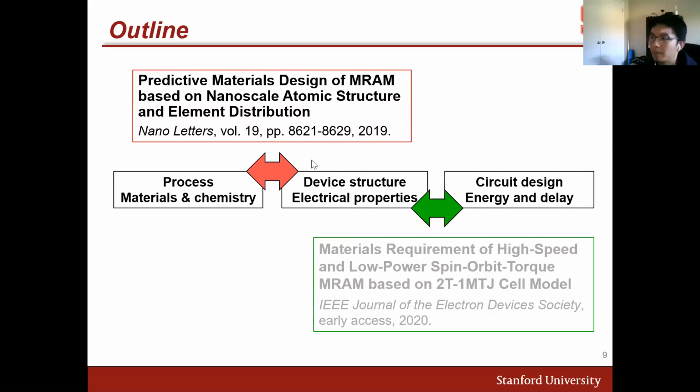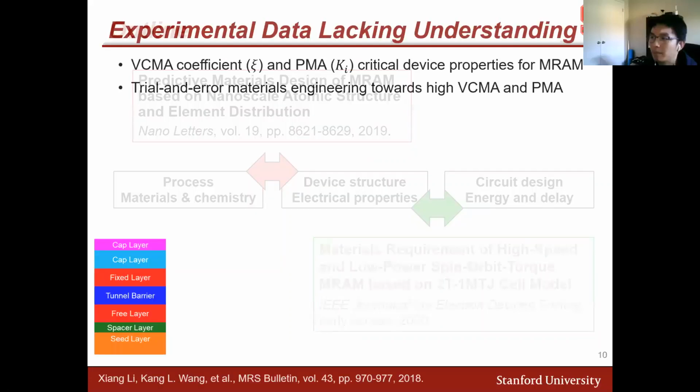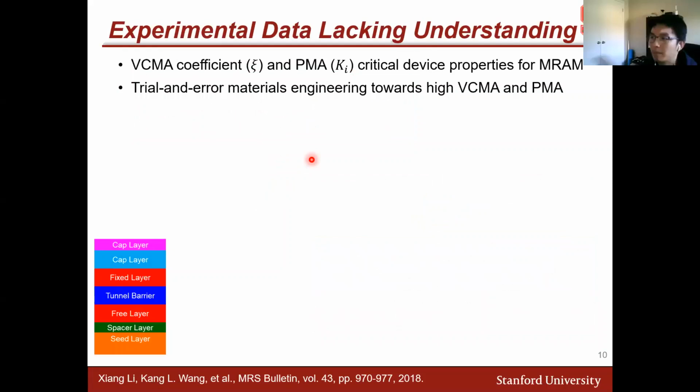So as I mentioned a few slides before, if we think about what people usually did in the MRAM materials development, we have this stack of the MTJ, and what we usually do is to change each layer to another material. Okay, for example, change tantalum to tungsten, and then there are other different layers. We can do the same, and also we can do different combinations, right?